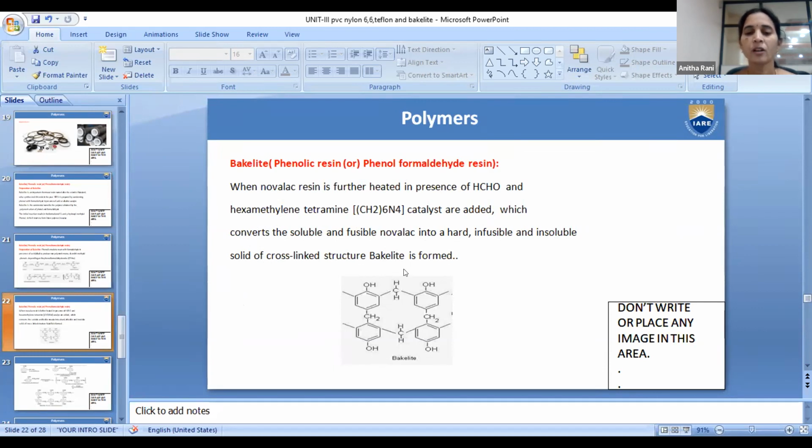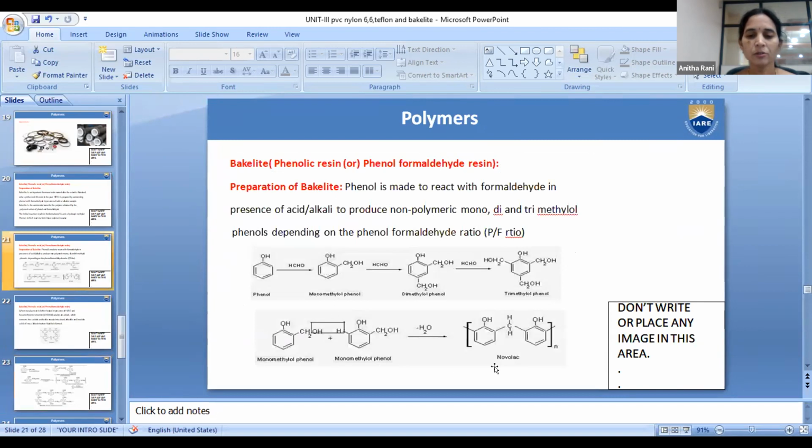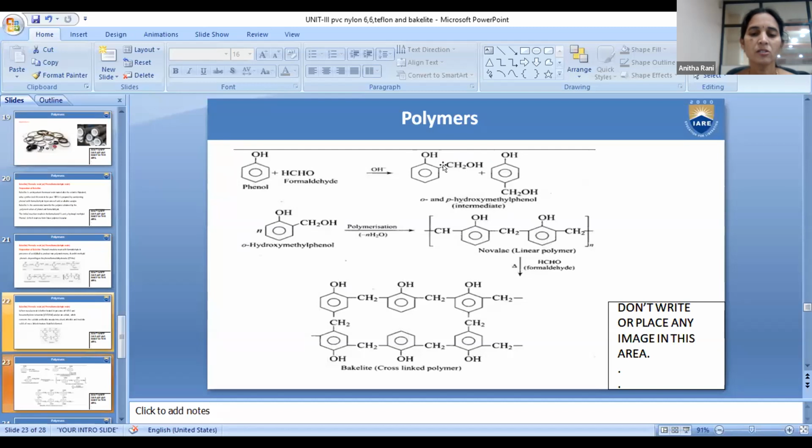Bakelite is formed. This bakelite is a cross-linked structure, a hard, infusible and insoluble solid. So this is the preparation of bakelite. I gave 3 steps. Learn these 3 steps. You have to learn the preparation of bakelite.